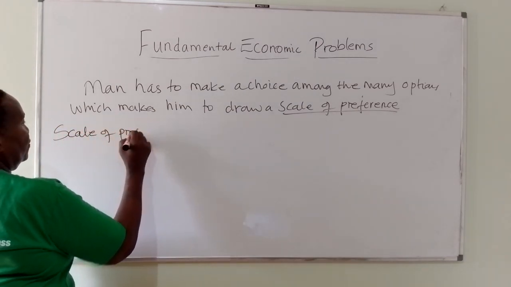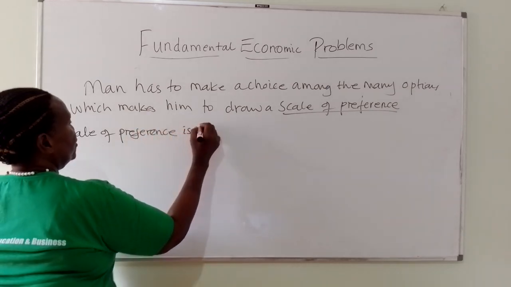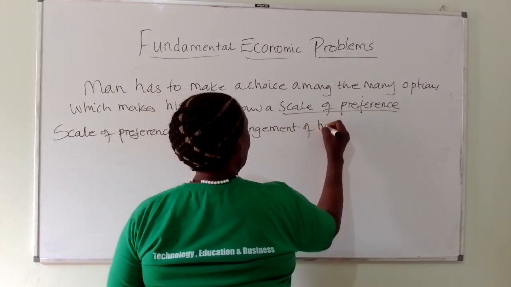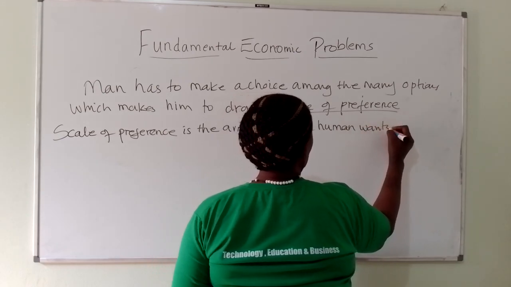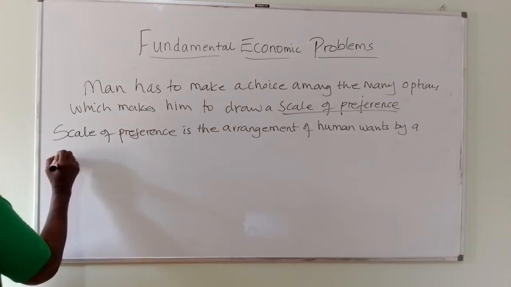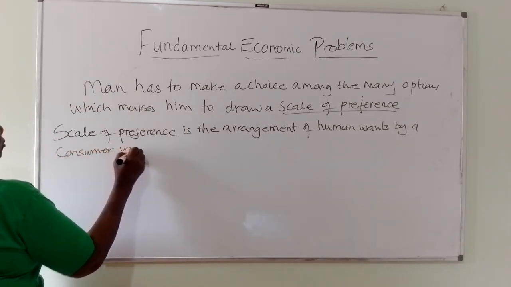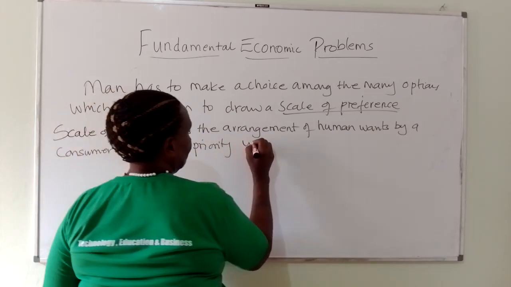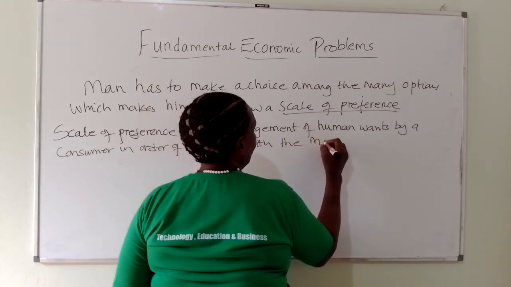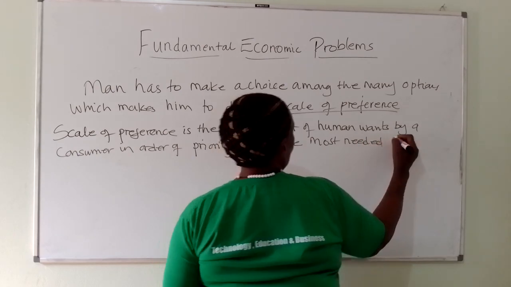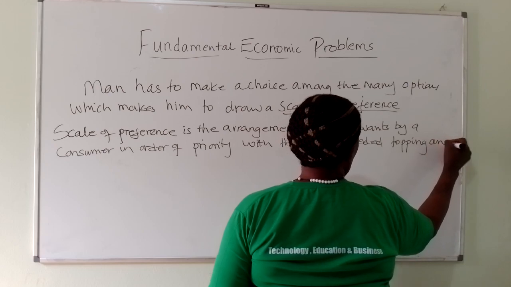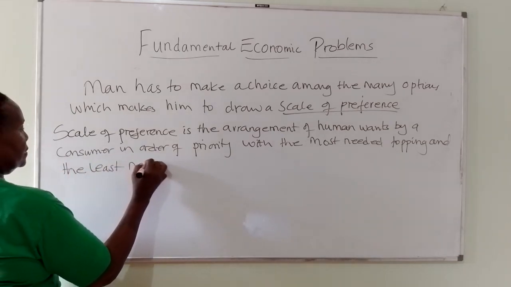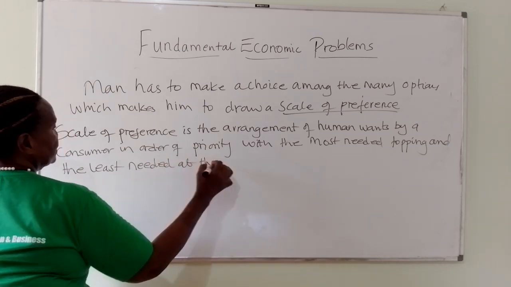A scale of preference is the arrangement of human wants by a consumer in order of preference, in order of priority, with the most needed topping the list, and the least needed at the bottom of the list.